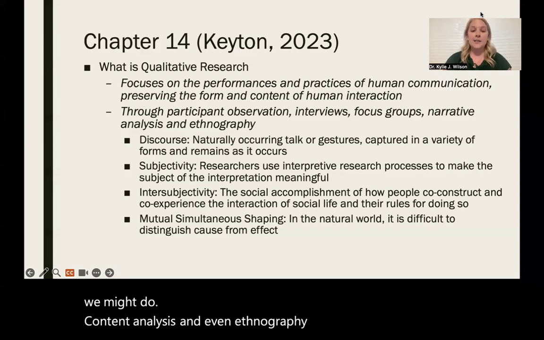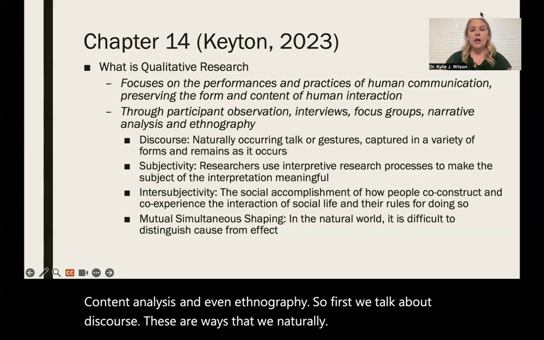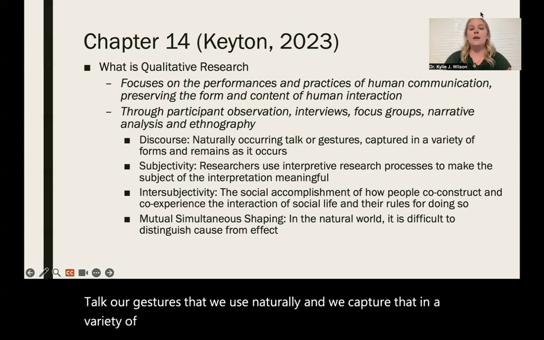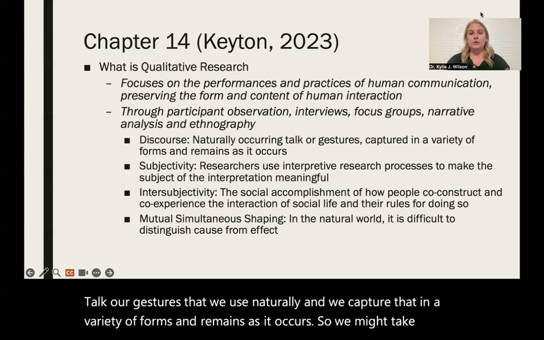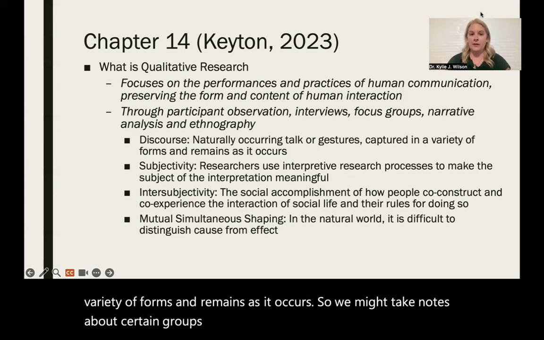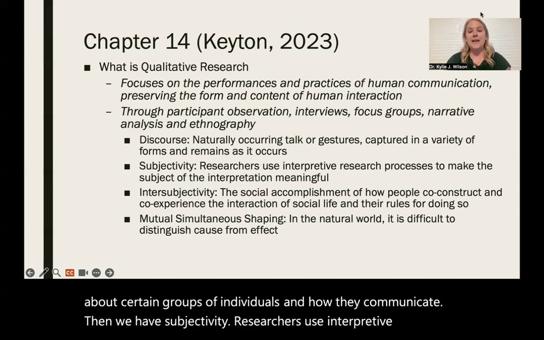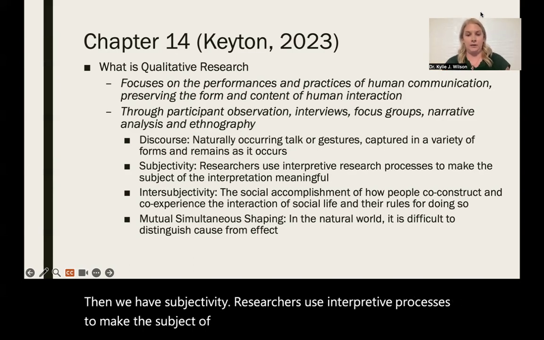So first, we talk about discourse. These are ways that we naturally talk, are gestures that we use naturally, and we capture that in a variety of forms and remains as it occurs. So we might take notes about certain groups of individuals and how they communicate. Then we have subjectivity. Researchers use interpretive processes to make the subject of the interpretation meaningful.